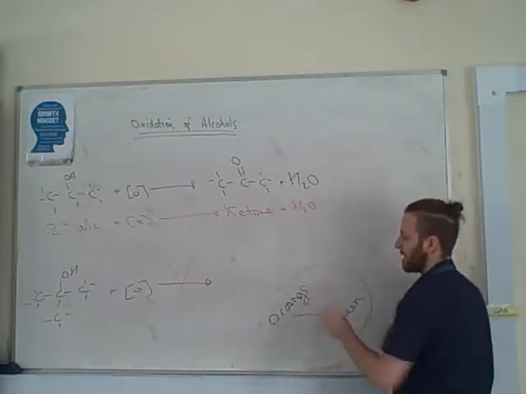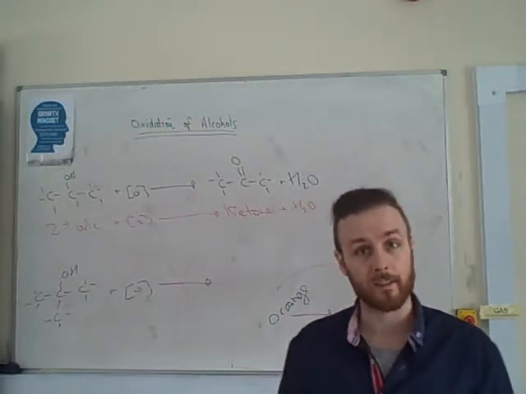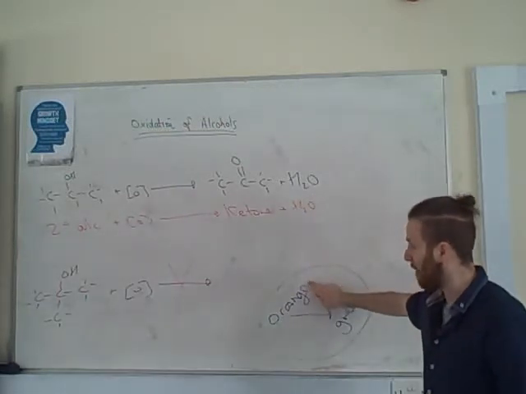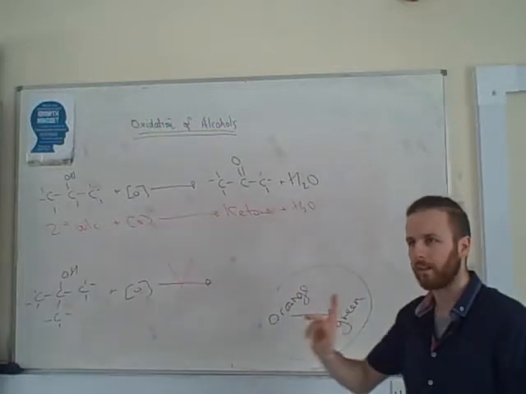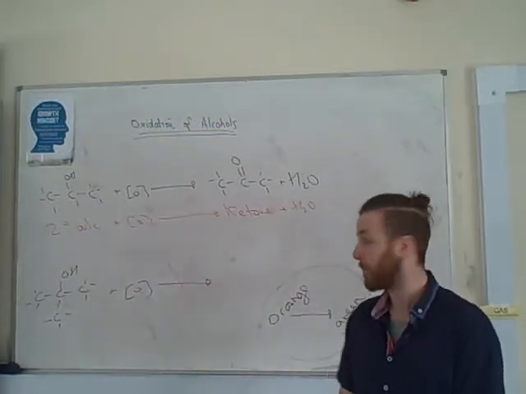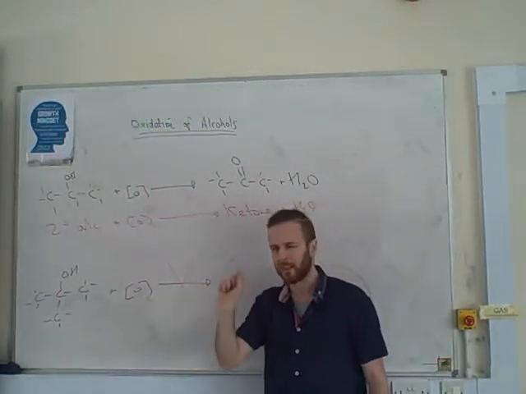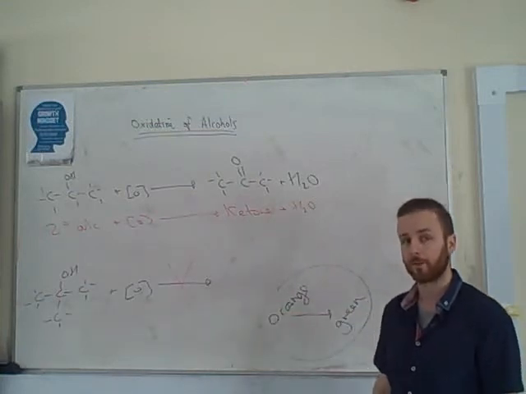So if you had an alcohol and you, I don't know, refluxed it with your oxidizing mixture and it stayed orange, what would that tell you about the alcohol? Well, it must be a tertiary alcohol, because that's the only one which doesn't oxidize. So that's a nice little trick to figure out you've got a tertiary.